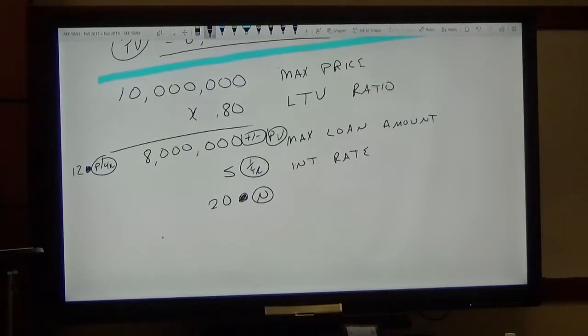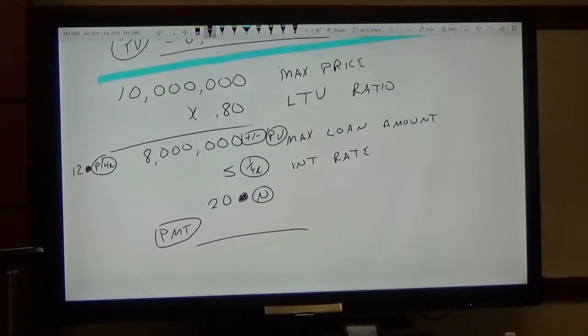So based on that, what is going to be the maximum monthly payment, working it this way, from the front end? $52,796.46 would be our maximum monthly payment for that loan.